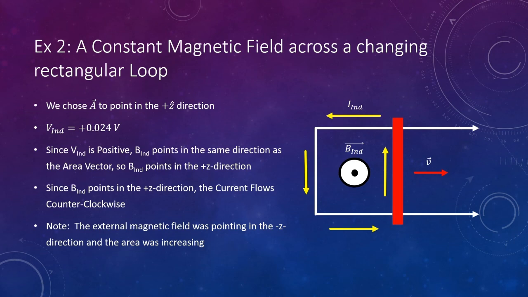Our external field was pointing in the minus z direction, and the area was increasing. So in a sense, more of the field was going into the screen, therefore the induced magnetic field is going to oppose it. So if we have more stuff going into the screen, the induced magnetic field is going to oppose that by going out of the screen in the plus z direction.